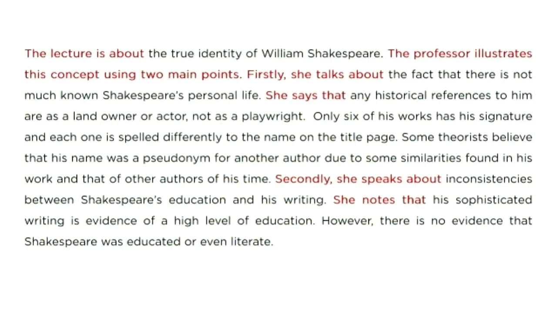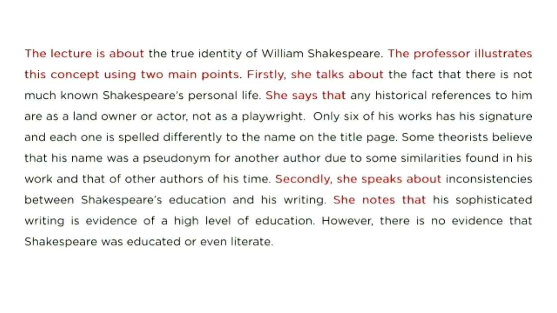And I've highlighted in red the suggested vocabulary. So the lecture is about the true identity of William Shakespeare. The professor illustrates this concept using 2 main points. Firstly, she talks about the fact that there is not much known about Shakespeare's personal life.